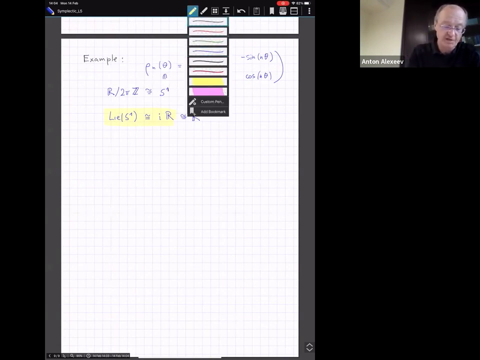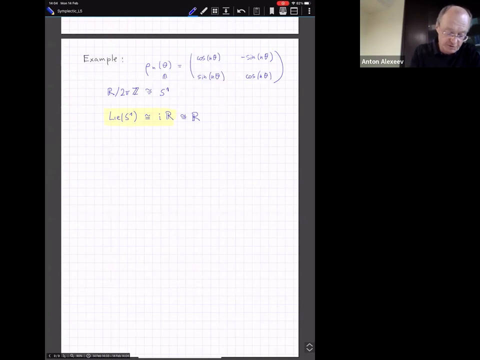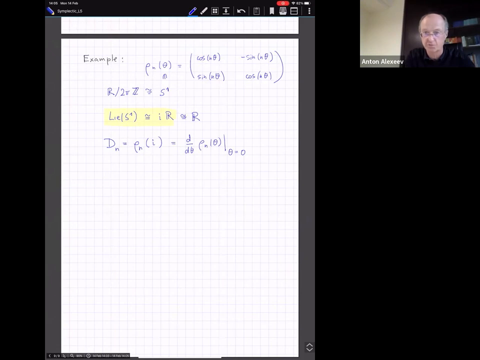So we'll now be computing, let me call it D, the image d rho n of the imaginary unit. And by definition, this will be d over d theta of rho n of theta computed at theta equals 0. So now theta is my parameter t that I used before, right? And x is just equal to 1.